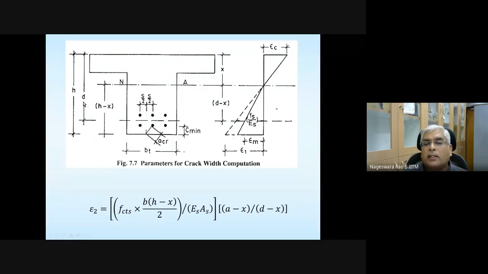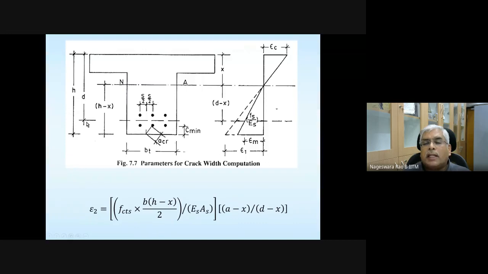Please note that these notations, whatever symbols are used, are in line with whatever is given in annexure F of IS 456. So please take a note of this figure in your notebook. Even though it is there in the slide, once you note it down, you will get a better feel for it. h is the overall depth of the section, and d is the effective depth.